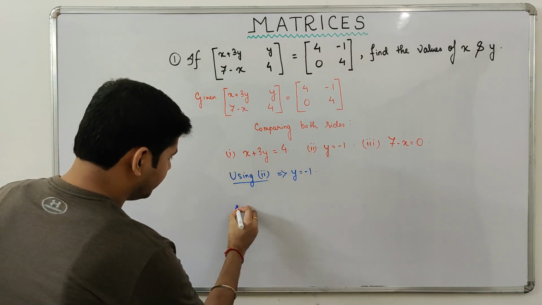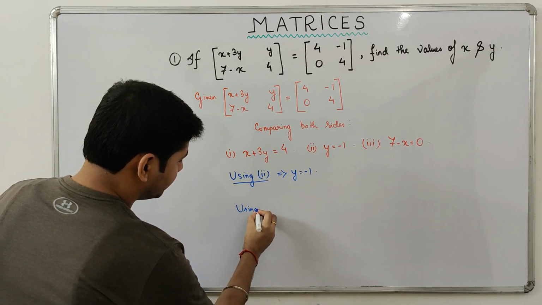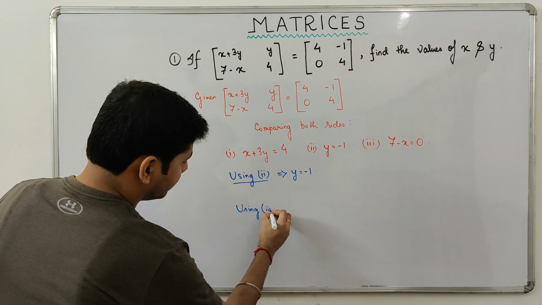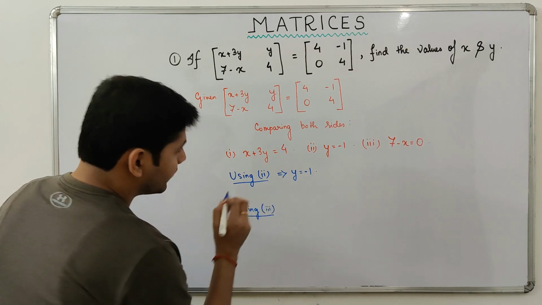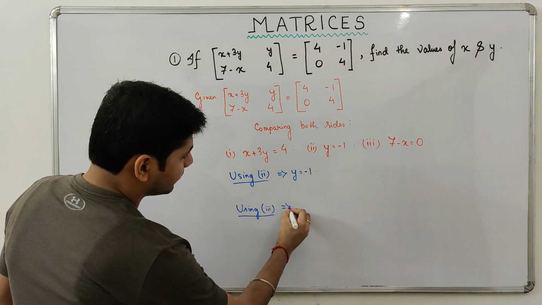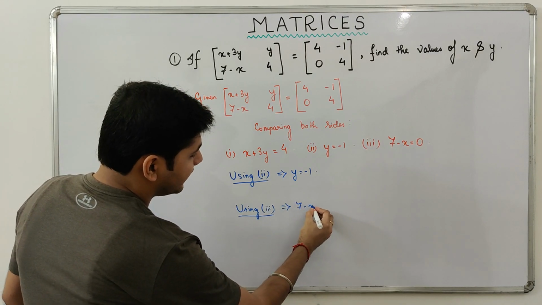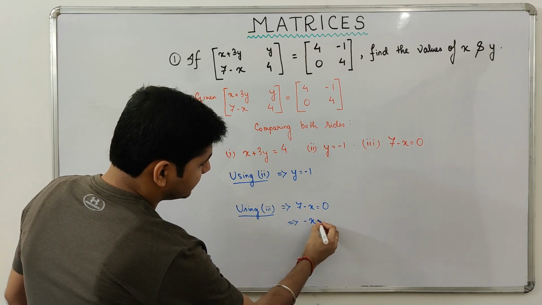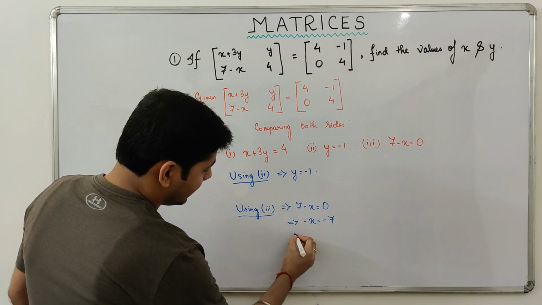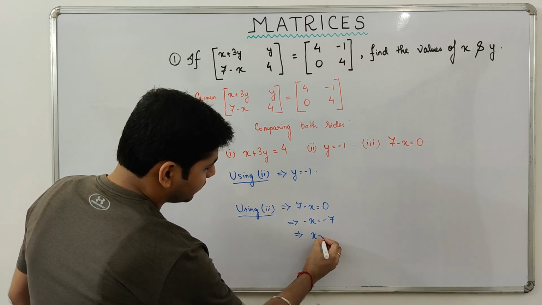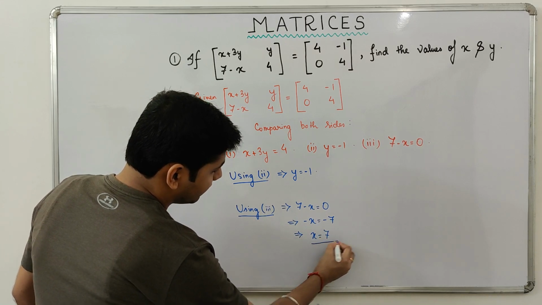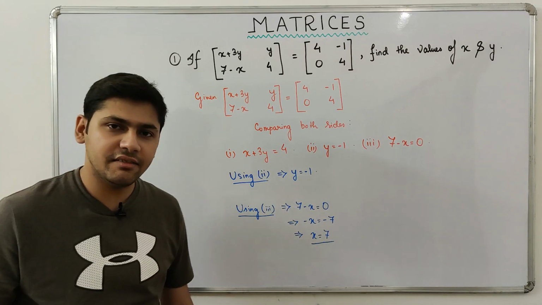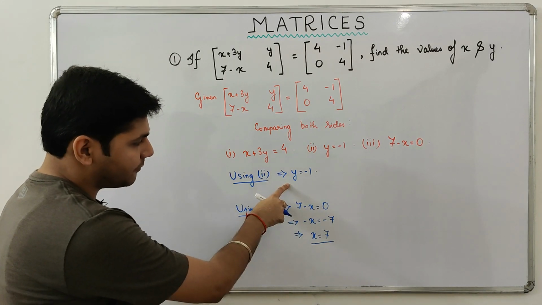Now using 3, we have 7 minus x is equal to 0. So minus x is equal to minus 7. Hence, the value of x is equal to 7. Simple. So we get the values of x and y.